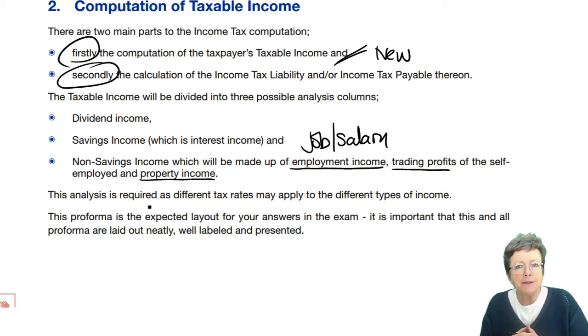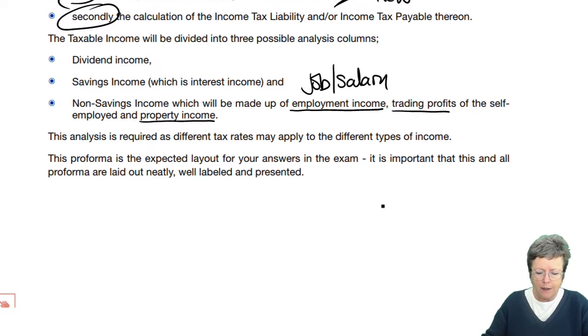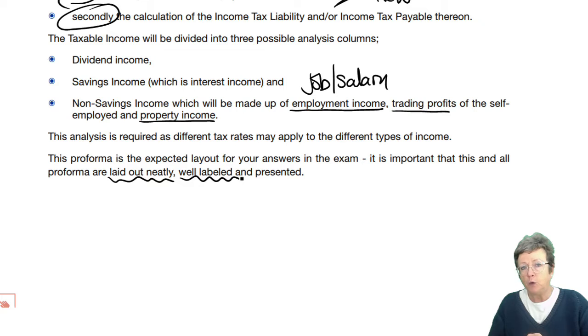When you get your Kaplan textbook and look at the answers to the questions, that's what the examiner has in front of him or her, and that's what they will be using to mark your exam paper. So make sure your answer looks like that. I'm going to emphasize this a lot, you'll get used to it: neat, well labelled, presented. Put all the labels in as well.